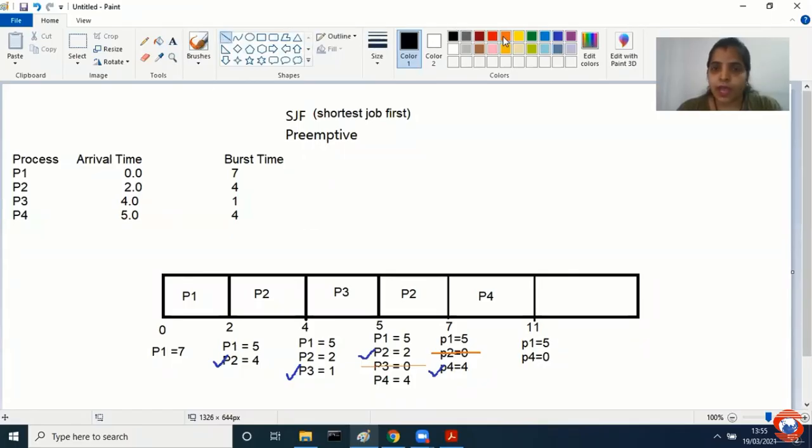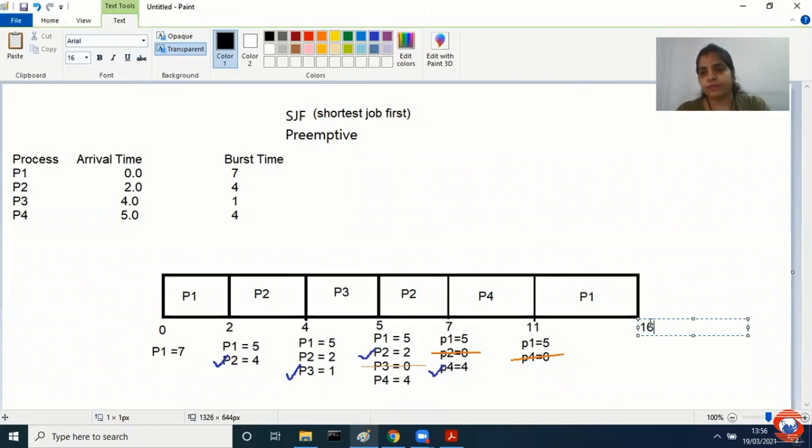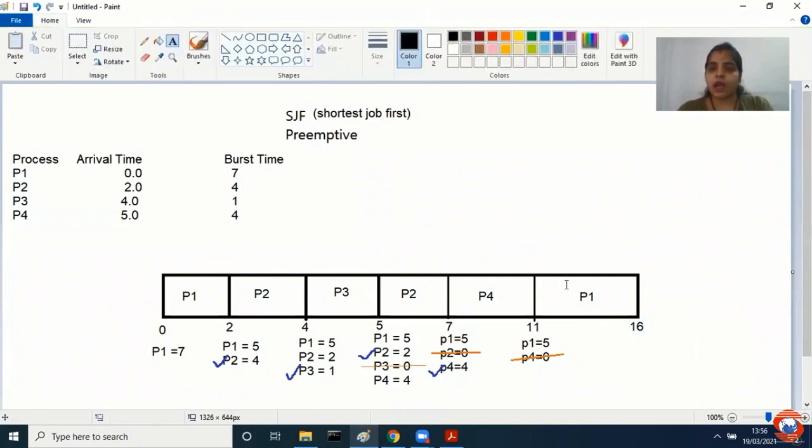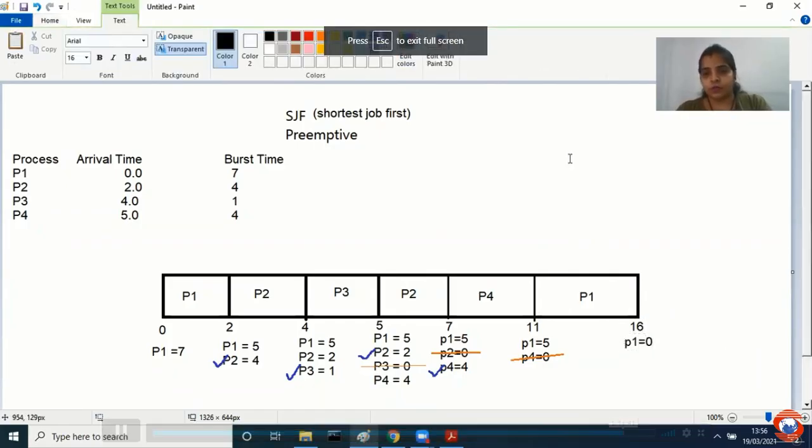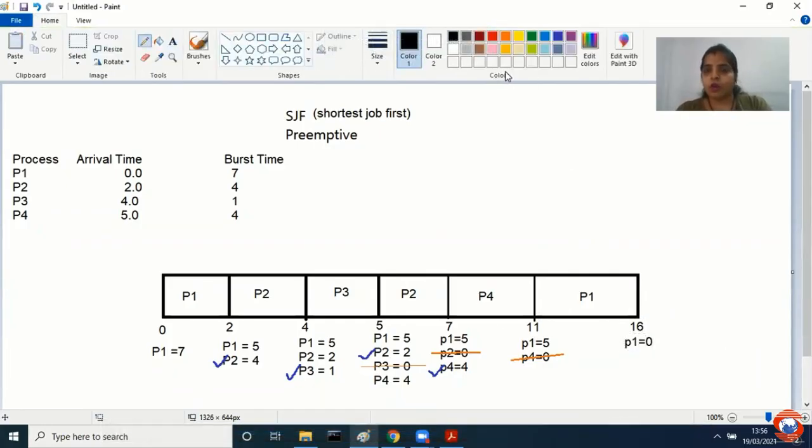Obviously P4 has completed its operation. Last में अब किसको कंट्रोल मिलेगा? P1 को मिलेगा and P1 will complete its execution, which is nothing but 16. Did you all get it up to this point? So finally my P1 is also 0. This algorithm is called shortest job first, that too preemptive category.